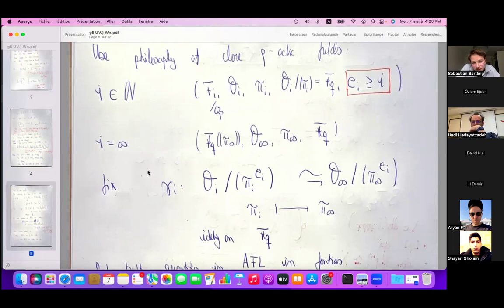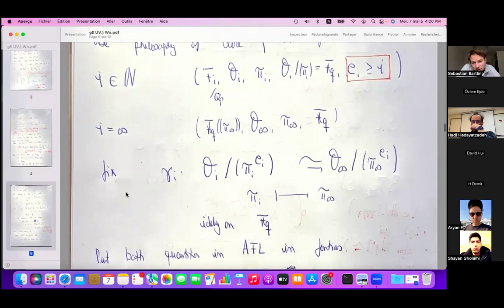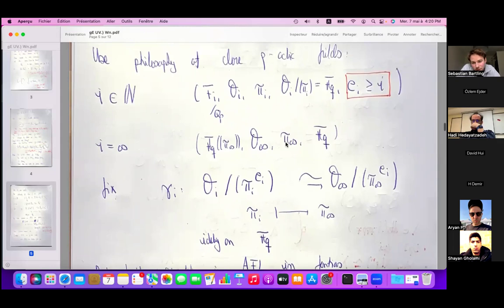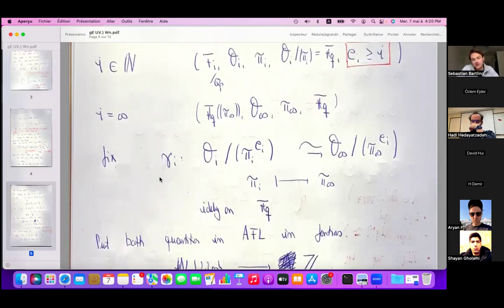And now by the structure of these ramified extensions, I know that I can fix an identification between O_i modulo pi_i to the e_i, which is just you mod out p, and on the other side O_infinity modulo pi_infinity to the e_i.